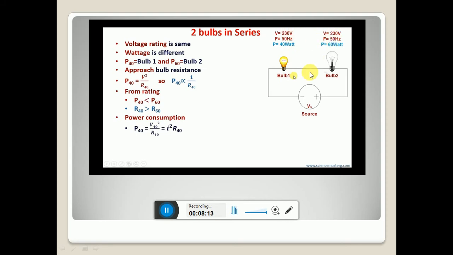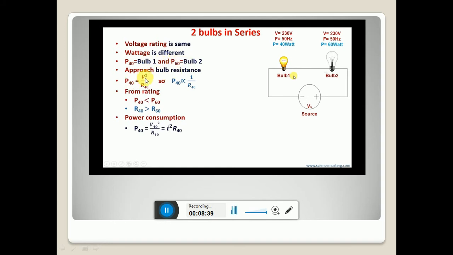I already said in series combination the potential changes, but here the components are designed in such a way that all the components work with the same potential with different resistance values. So here we are assuming two bulbs which have different power values, 40 watt and 60 watt. 40 watt is the first bulb, 60 watt is the second bulb.